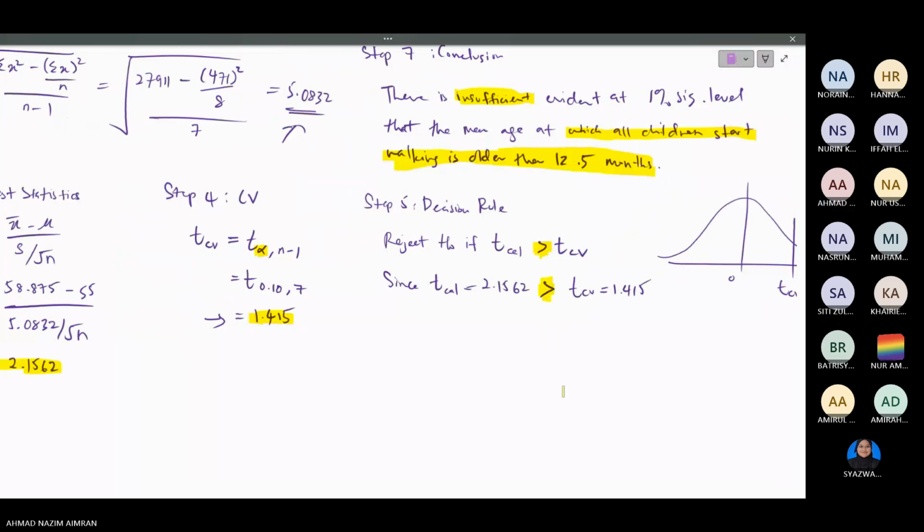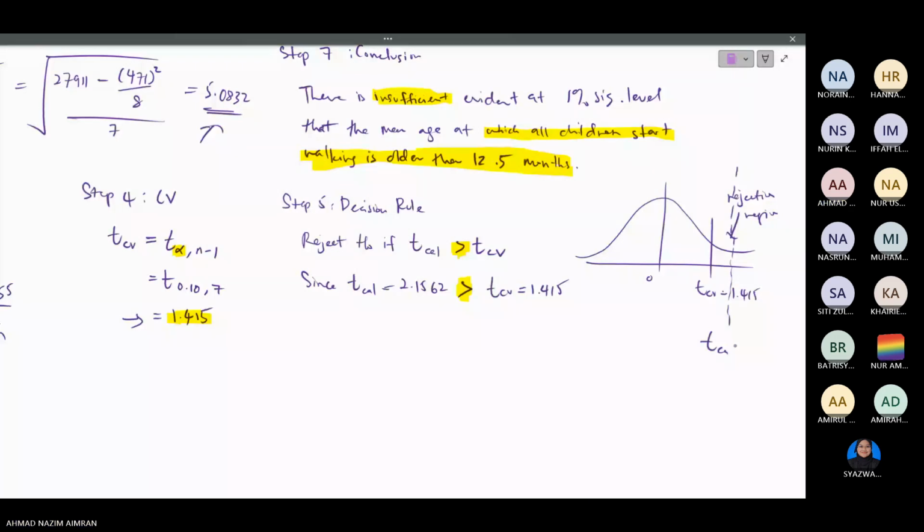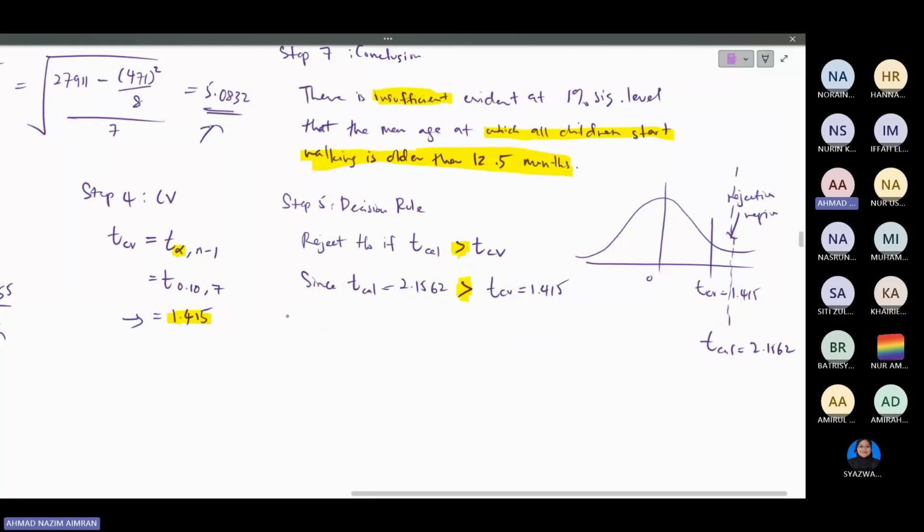So the t calculated is here, 2.1562, and it does fall under the rejection region. So step 6 is the decision. We can reject H null.